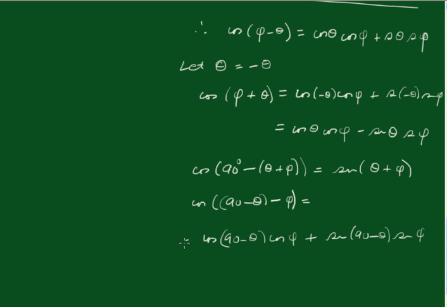And that is equal, now the cos of 90 minus theta is the sine of theta, so it's the sine of theta cos of phi plus the cos of theta sine of phi.